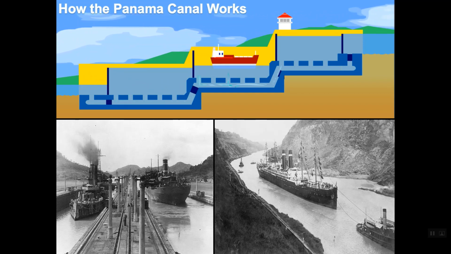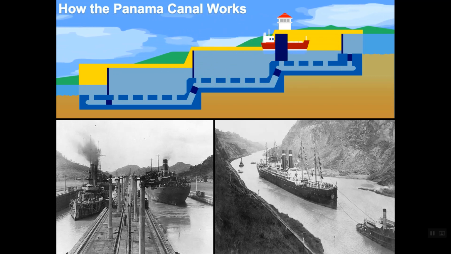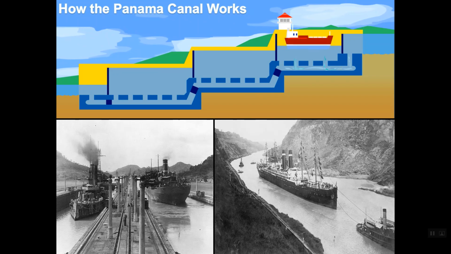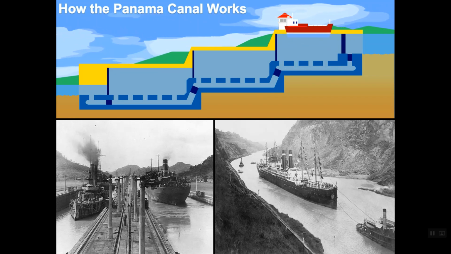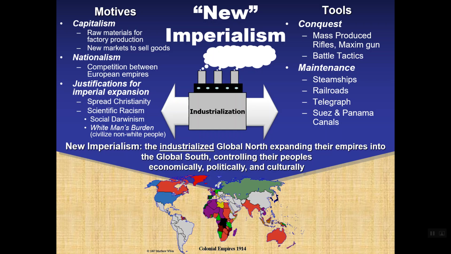As you can see here, eventually you get to the very top, and you move right on in. And that's essentially how the lock system works in the Panama Canal.